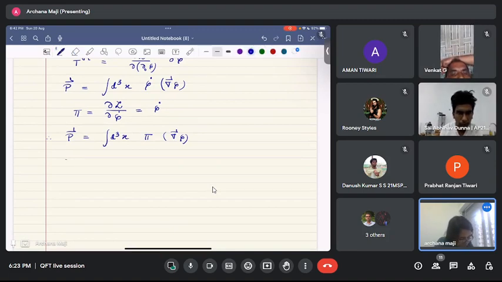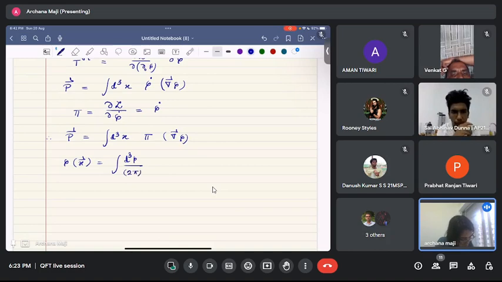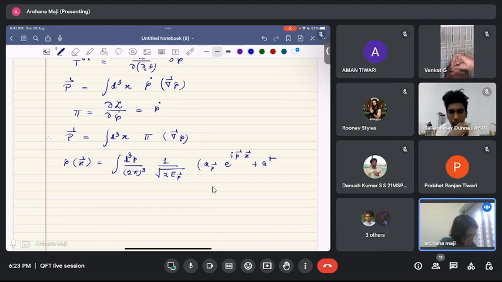So phi of x was equal to the integral d3p over 2 pi cubed, 1 over square root of 2 E_p, times the annihilation operator a_p exponential of i p dot x plus a dagger exponential of minus i p dot x.